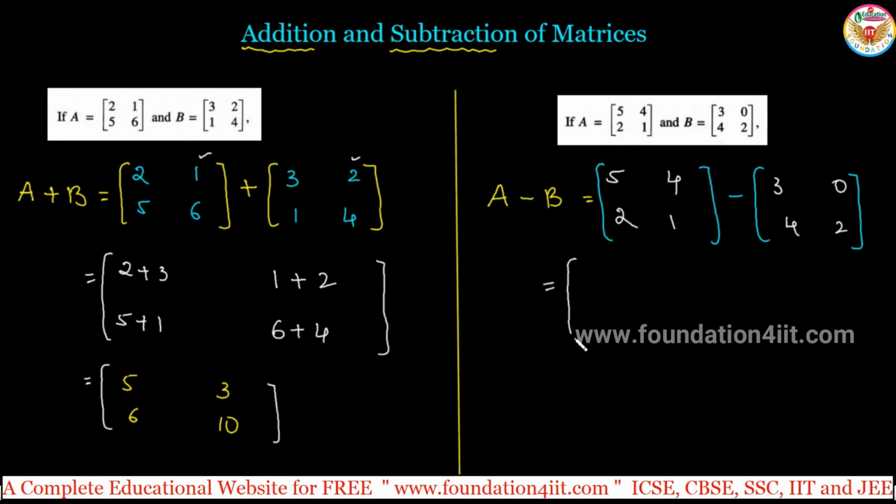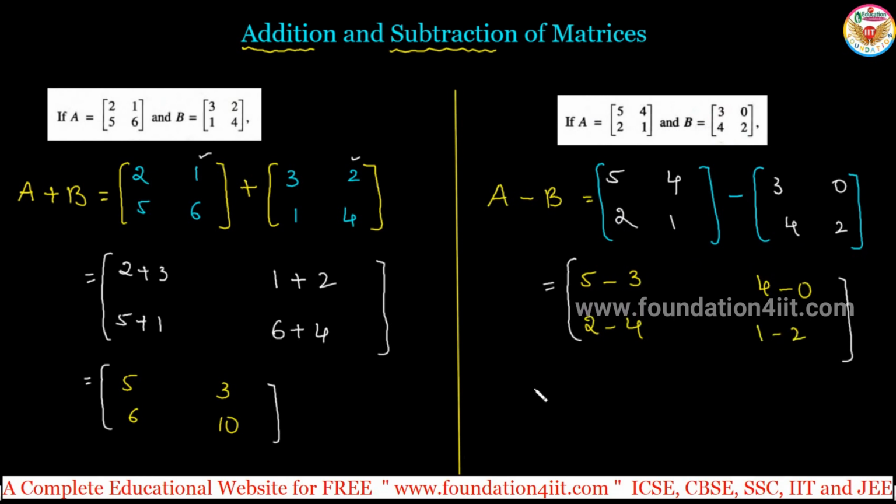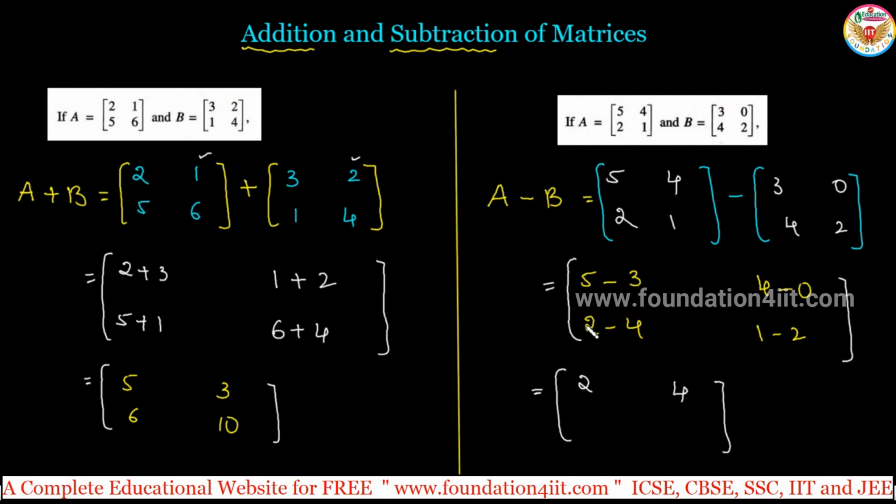Corresponding elements you have to subtract, same place. 5 minus 3, 4 minus 0, 2 minus 4, 1 minus 2. Simplify to get the A minus B matrix: 5 minus 3 is 2, 4 minus 0 is 4, 2 minus 4 is minus 2, 1 minus 2 is minus 1.